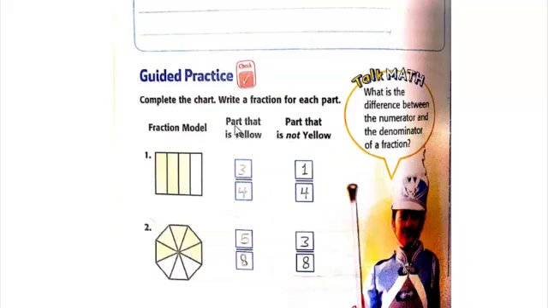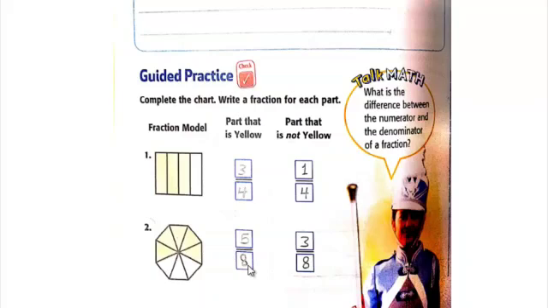First, write the part that is yellow. When he wants you to write this fraction, first draw here a line to separate between these two numbers. Down, you will write total parts. Okay, so here how many parts? Total parts 1, 2, 3, 4, 5, 6, 7, 8. 8 parts.